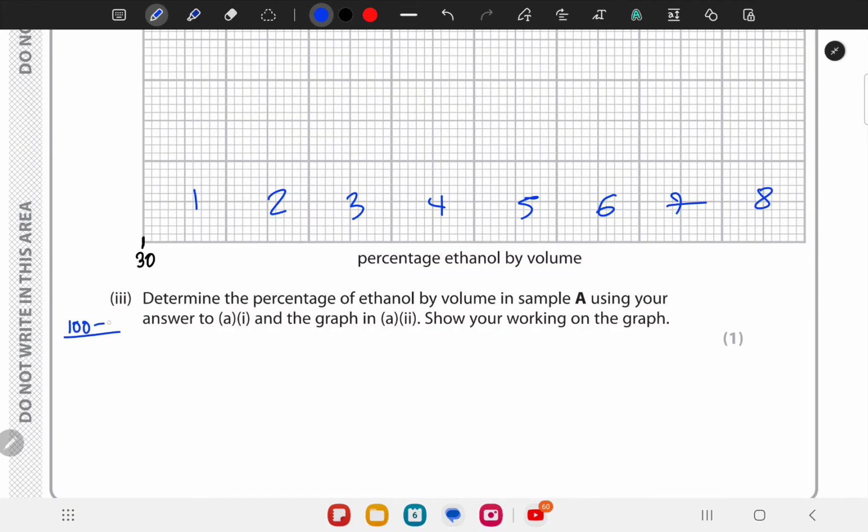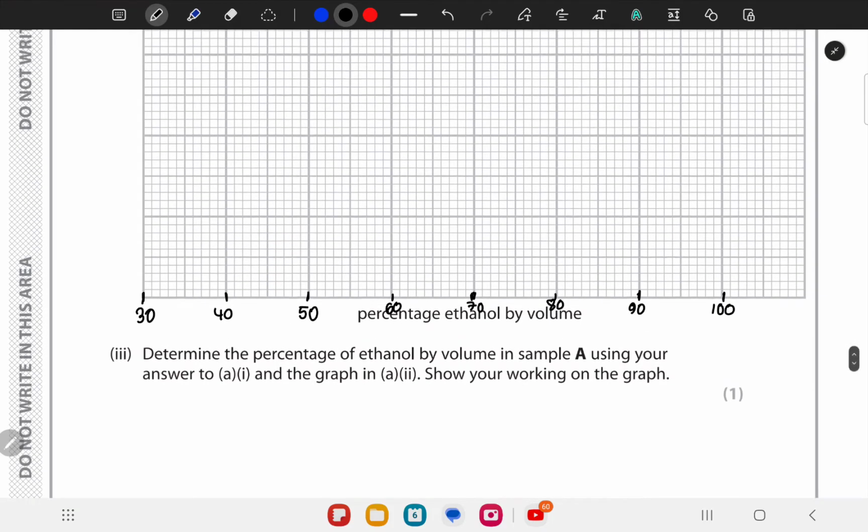So 100 minus 30 divided by 8. So if we take 10 on each box, we'll get a good enough coverage. 60, 70, 80, 90, 100. So we are using most of our x-axis with this scale.